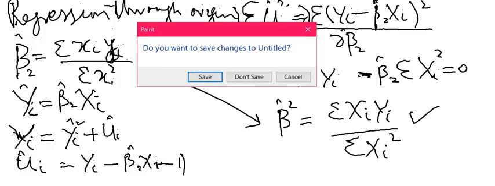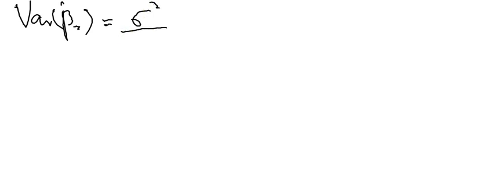So here we see that in case of usual regression, we find that the variance of beta 2 hat is equals to sigma square over summation xi square, and this is in the deviation form.